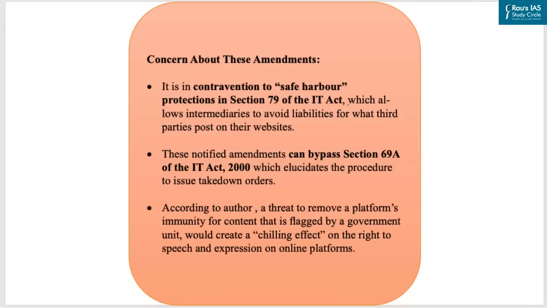Now, let's discuss a few important concerns about these amendments. The first is that it is in contravention of the safe harbor protections in Section 79 of the IT Act. Basically, this section allows intermediaries to avoid liability for what third parties post on their website. Now, under the new amendment, intermediaries are liable for this.